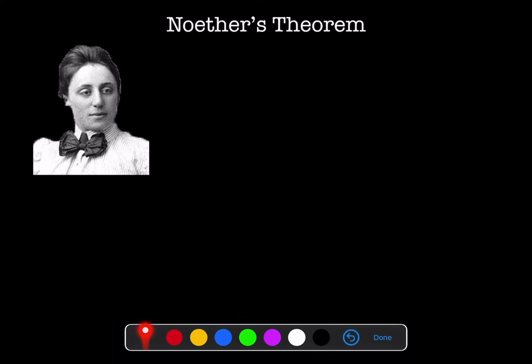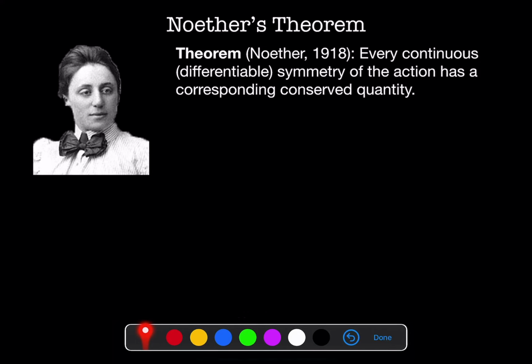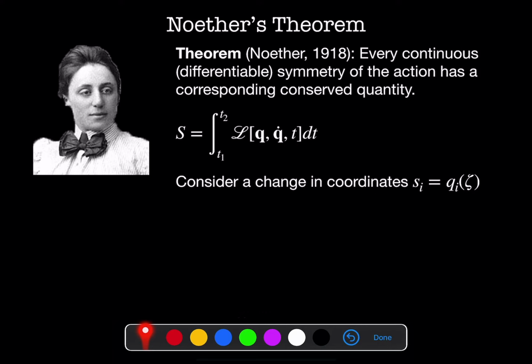Noether's theorem states every continuous or differentiable symmetry of the action has a corresponding conserved quantity. This is our action: S is the integral from t1 to t2 of the Lagrangian of coordinates q, q dot, and t, integrated dt. Let's consider some change in coordinates.